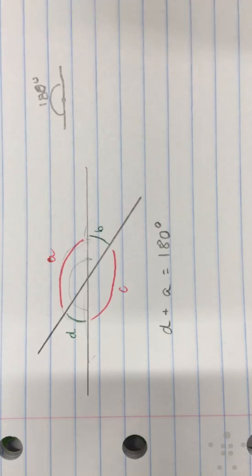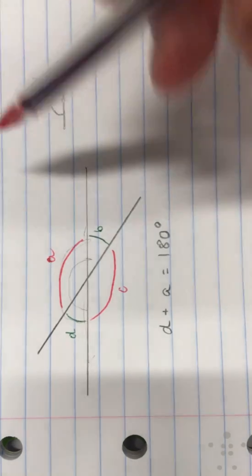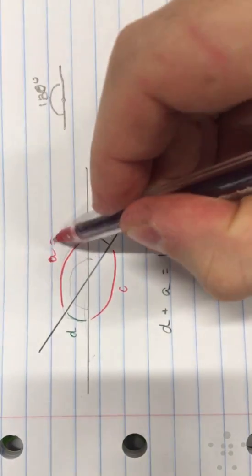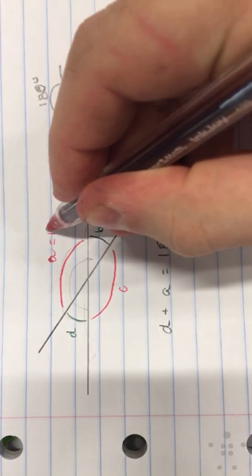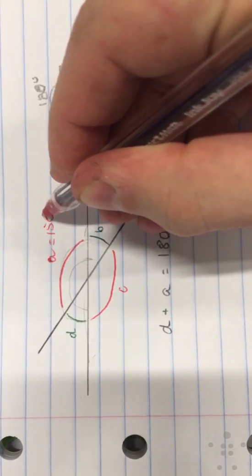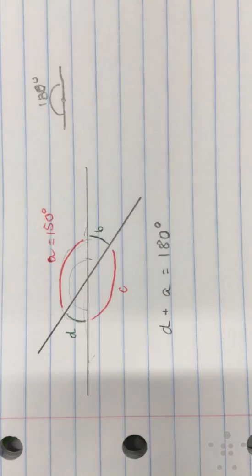Now, let's say that we know that A equals, let's say it's about 150 degrees. I could measure it, but I won't. So let's say it's 150 degrees.